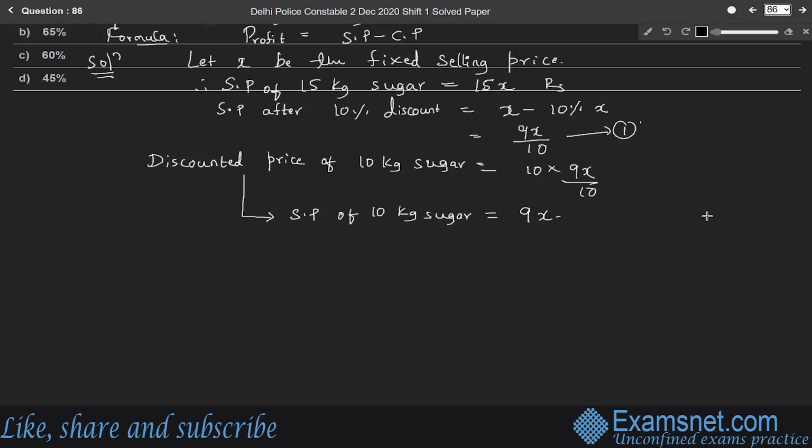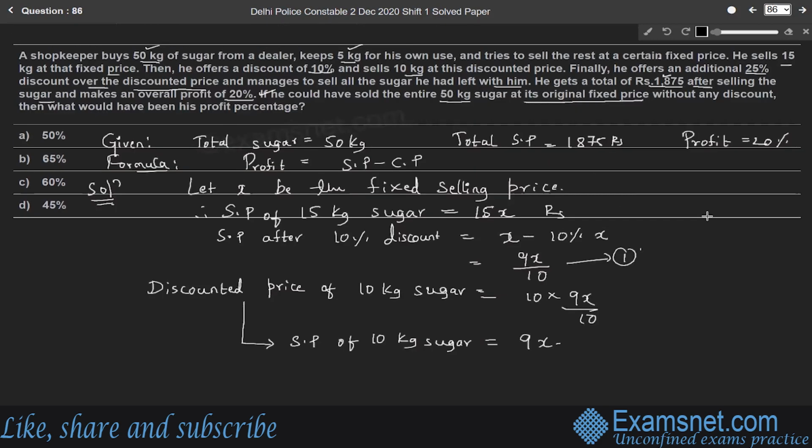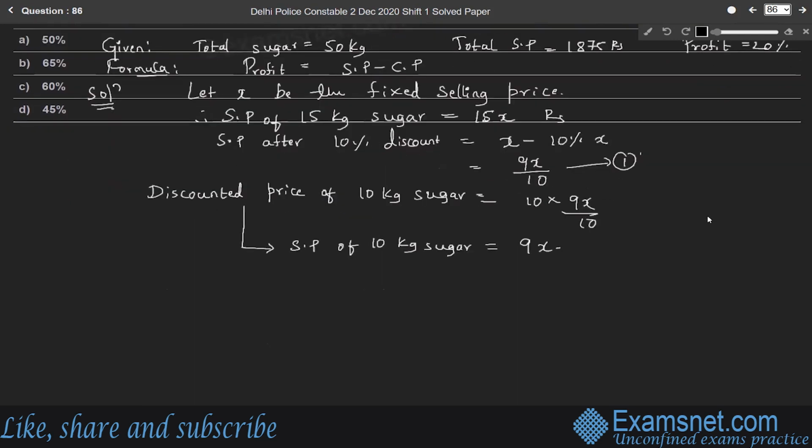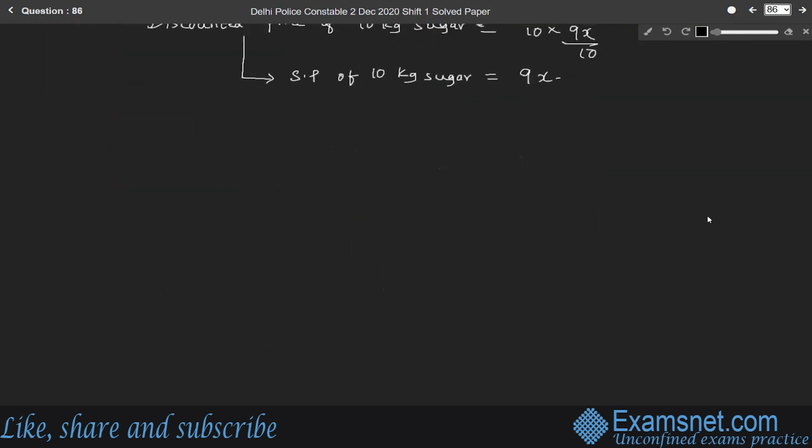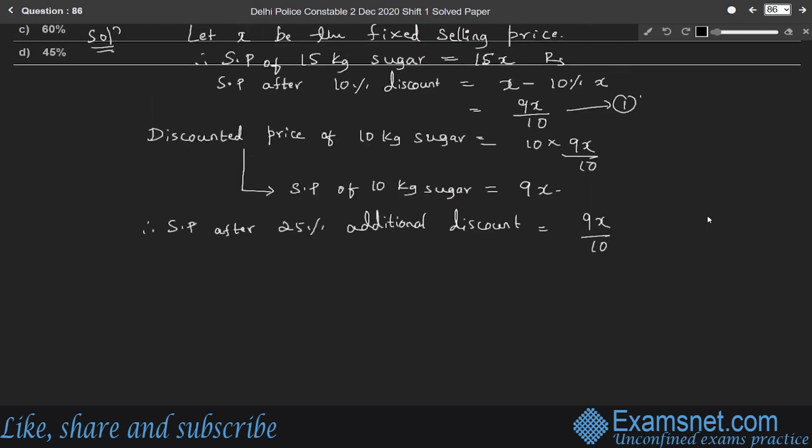Then he offers additional discount of 25%. So according to the question, he offers additional 25% discount. Therefore, the selling price after 25% additional discount becomes 9x by 10. So what is 9x by 10 here?